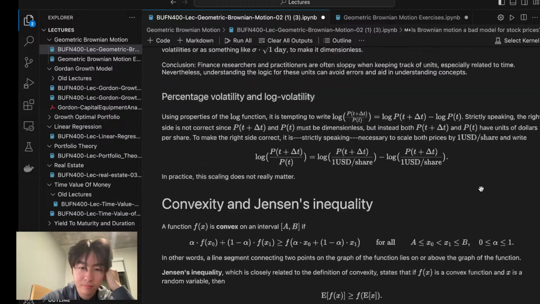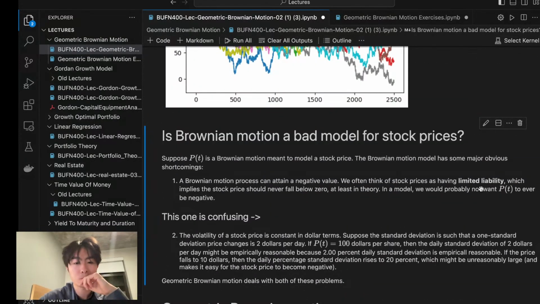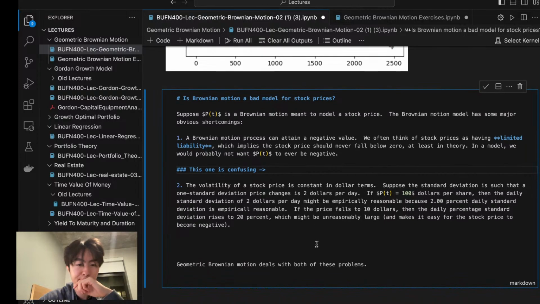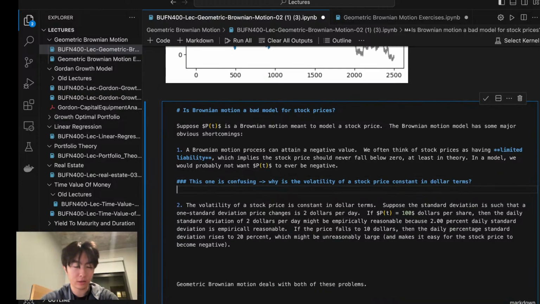Okay. Why is the volatility of a stock price constant in dollar terms, right? Because that doesn't make any sense. Let me say why.